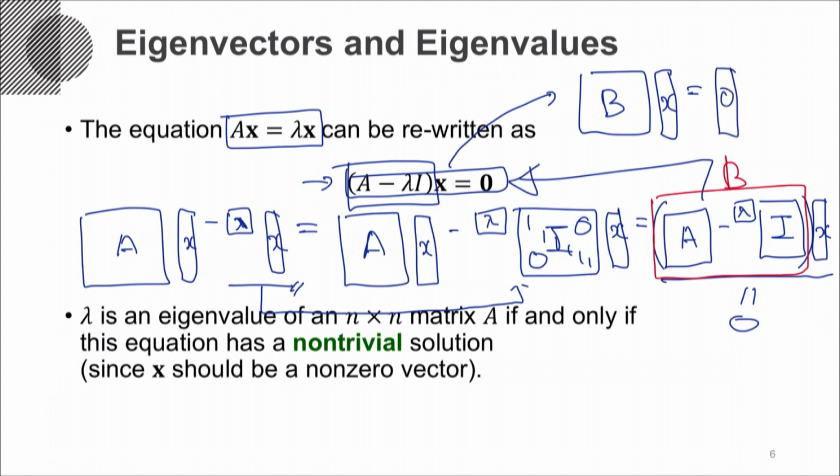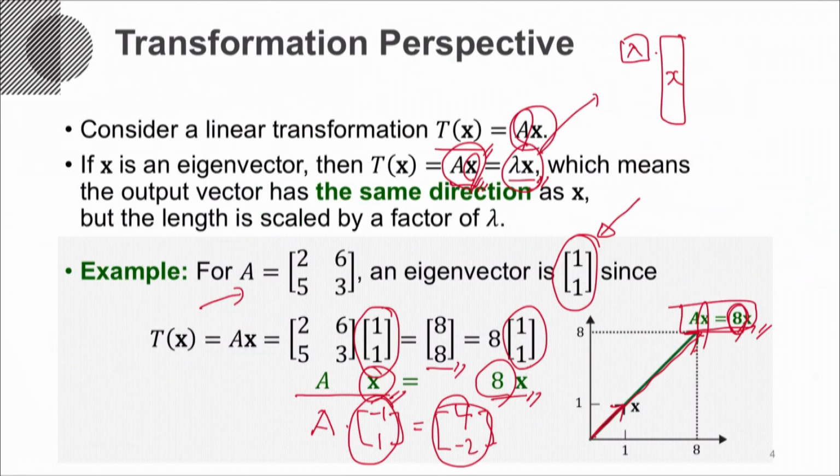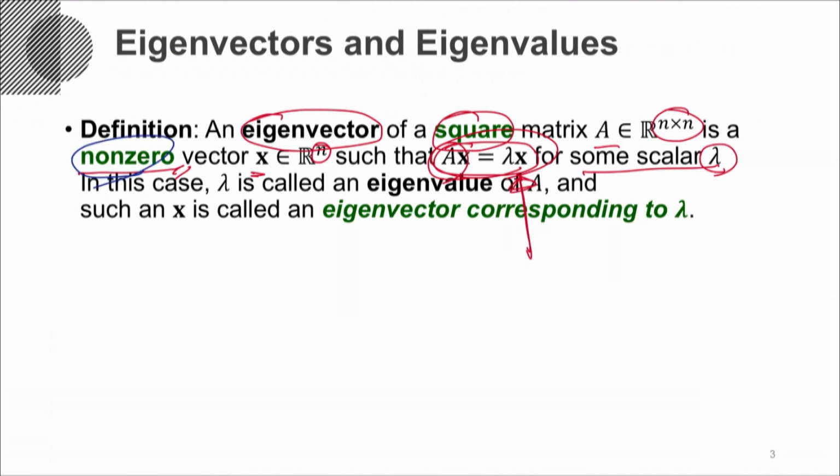So this is our new linear system, and I mentioned that this vector x, which is our eigenvector, should be a non-zero vector. And why do we need to restrict the eigenvector to be a non-zero vector? This is because of some practical reason.